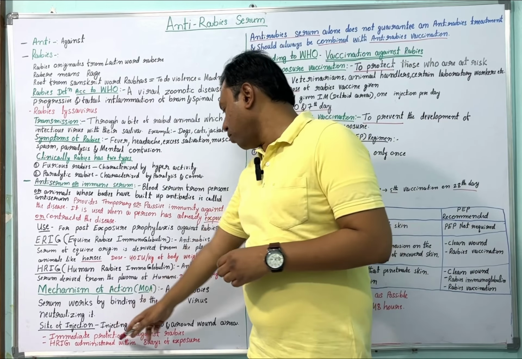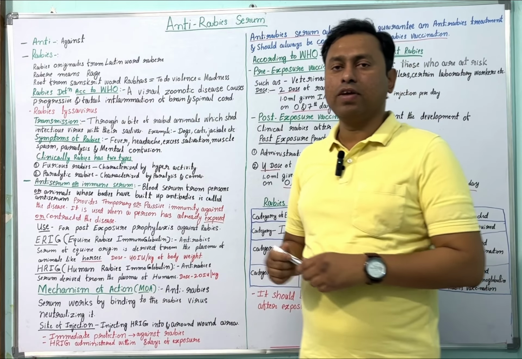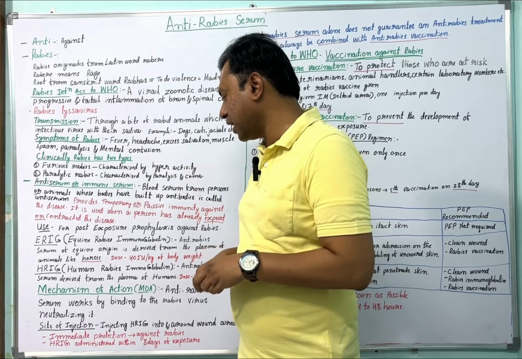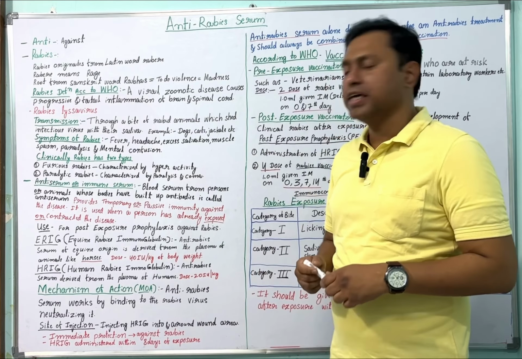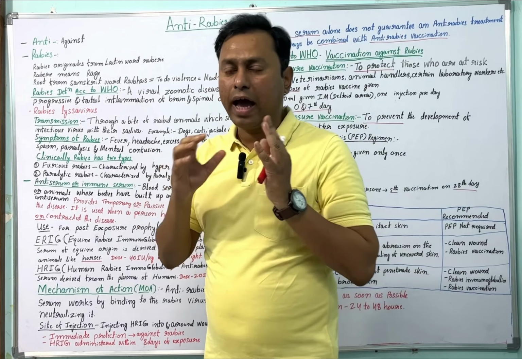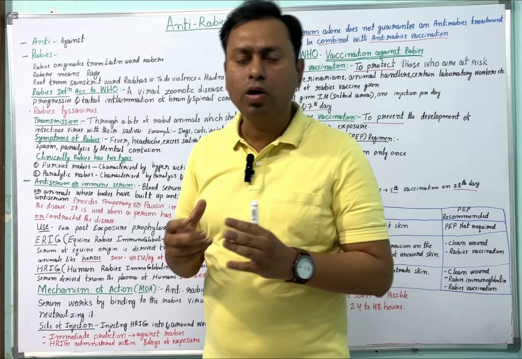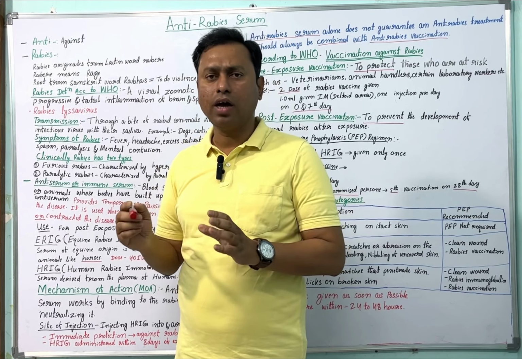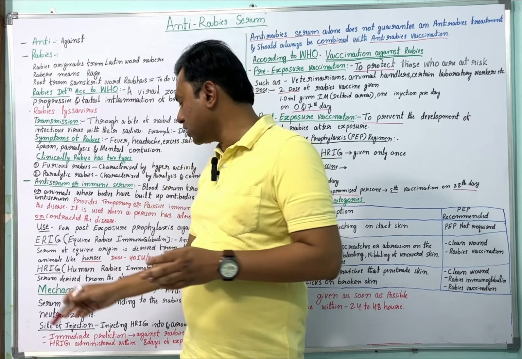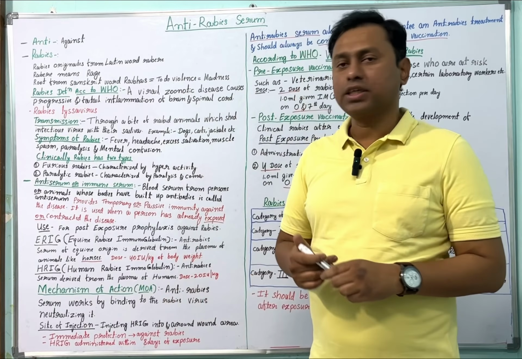This is the immediate protection against rabies whenever a patient comes, and HRIG is administered within 8 days of exposure. As much as possible we give it at once; otherwise, within 8 days of exposure. Okay, this is about the site of injections.